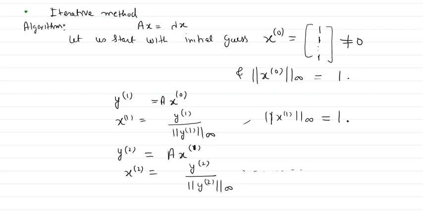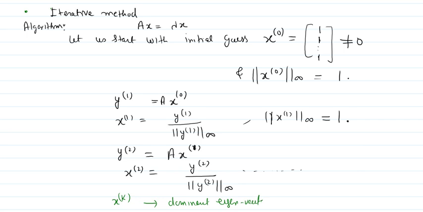So we repeat the procedure, and after some time you will see that these x1, x2, these xk, they will converge to the dominant eigenvector.